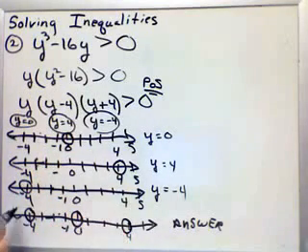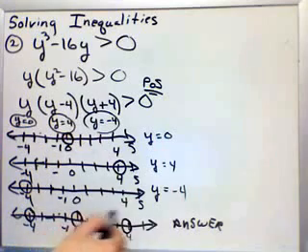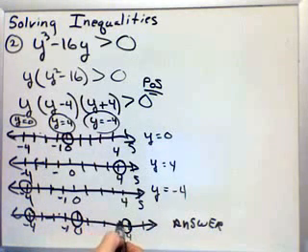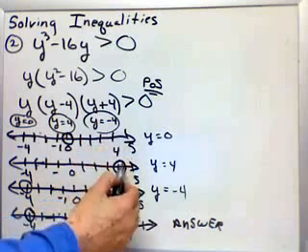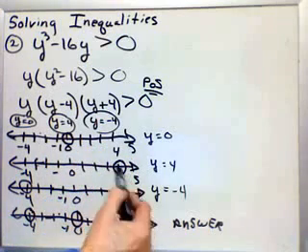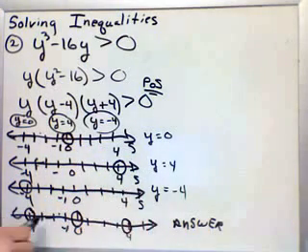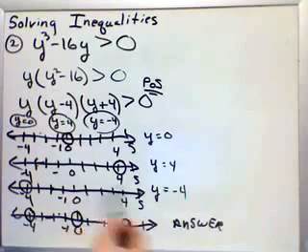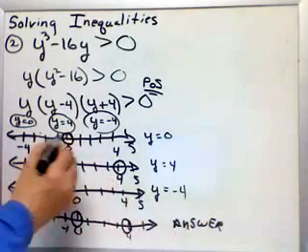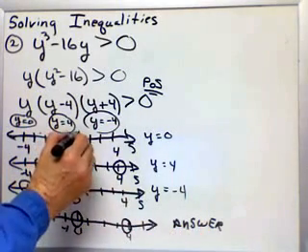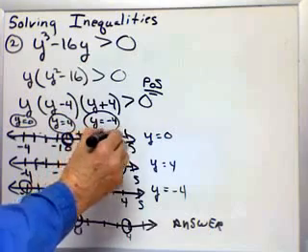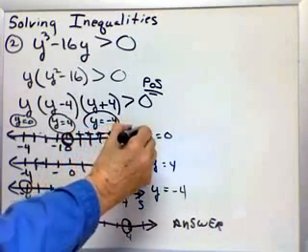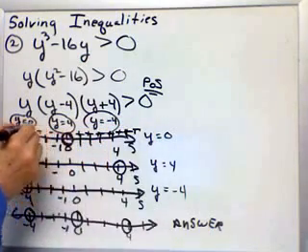Now for the final answer, there's 1, 2, 3, 4 places that could be shaded. So I have to figure out where I get a positive answer when these 3 are combined together, and that positive answer determines whether I shade in one of those 4 spots. So here's my open circle. Put pluses on one side of it and minuses on the other.